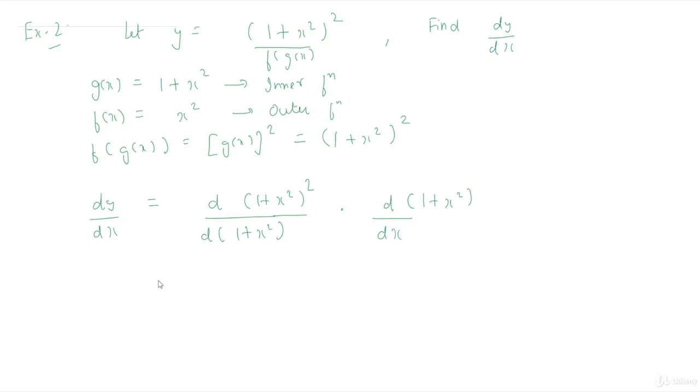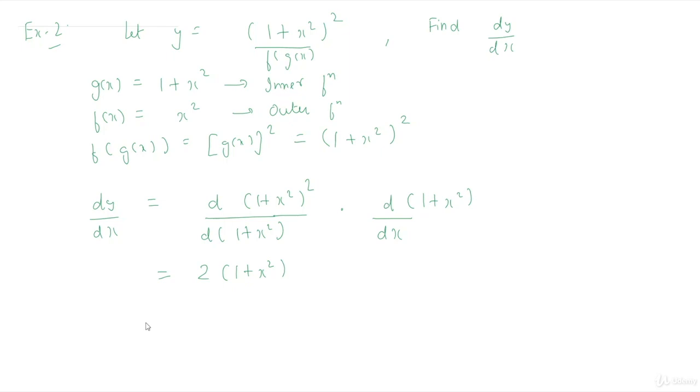Now, as we know, differentiation of x square with respect to x is 2x. So if we replace 1 plus x square with t also, then differentiation of t square with respect to t will again be 2t. On similar grounds, differentiation of 1 plus x square whole square with respect to 1 plus x square is 2 times 1 plus x square. Okay.